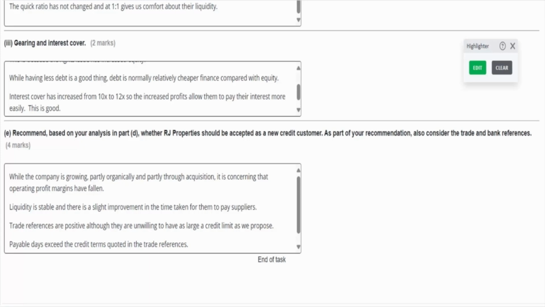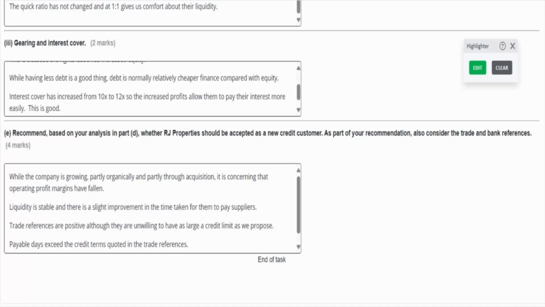So what's the potential cause of this? Well, we don't have very much information on which to base this, so we just need to speculate that for some reason they seem to have increased their operating costs, their administration costs. But we do know, though, that because they've had an increase in sales, possibly they've been spending more money on advertising.